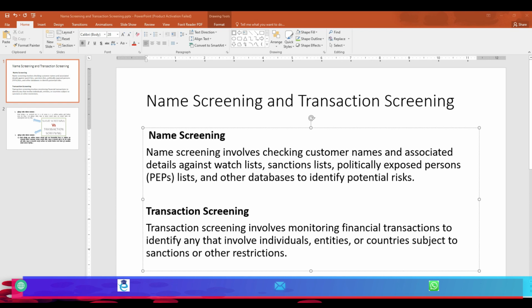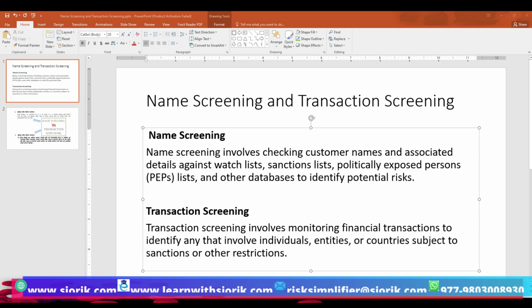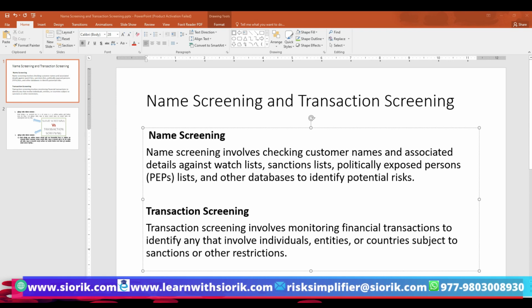The suspicious transactions are blocked on a real time basis, which helps to prevent the movement of illicit funds related to sanctioned parties.